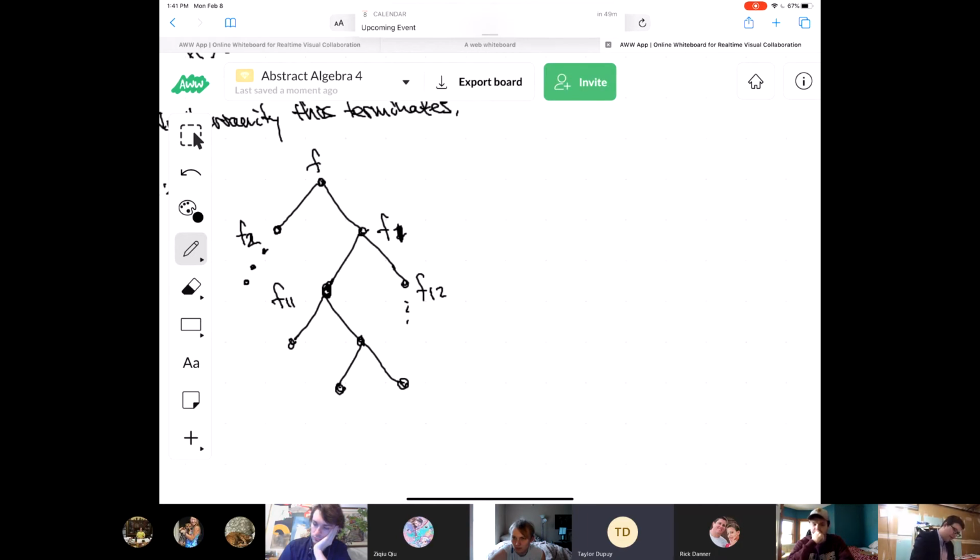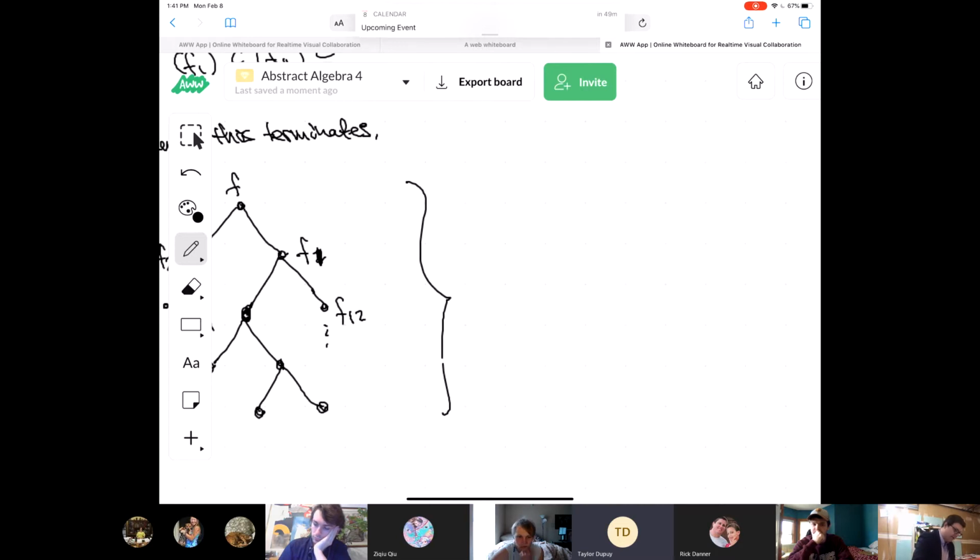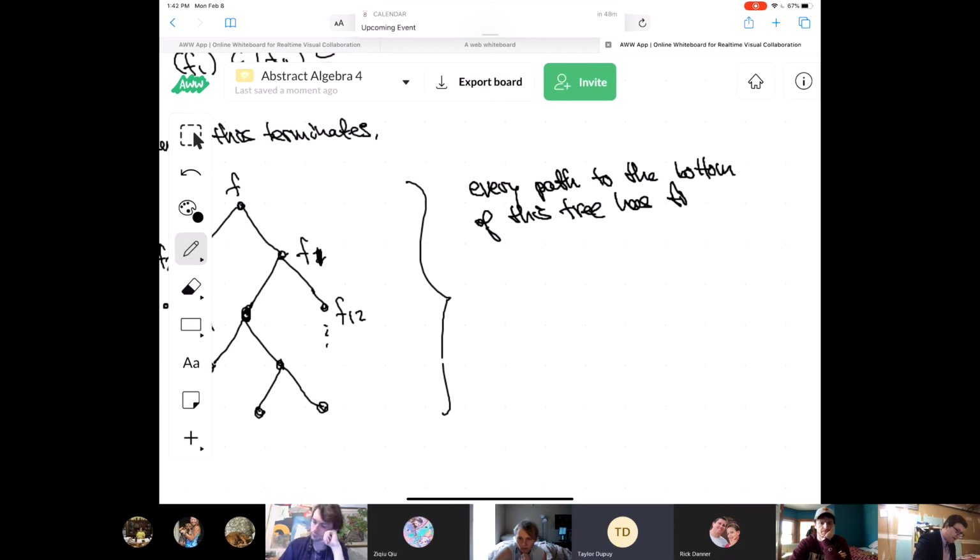But what we've essentially shown is that every path to the bottom of this tree has finite depth.